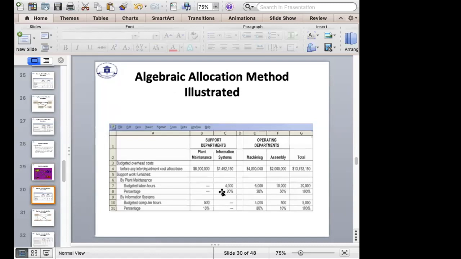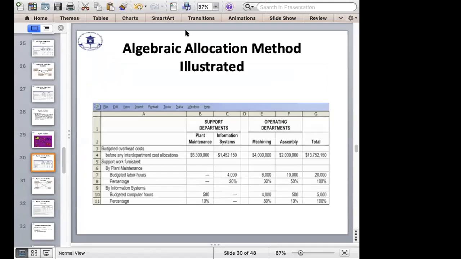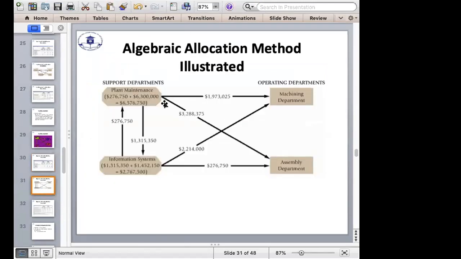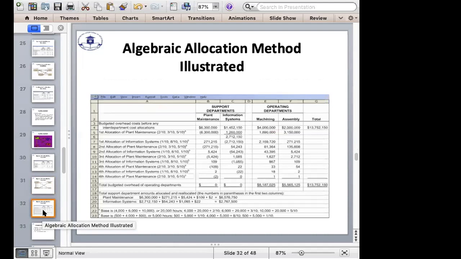Allocation base is the same, number is the same, but the way to allocate will be different, right? So allocation will be here, here, this, and this. Right? So it's going to be a little bit more complicated here. So it looks like this.